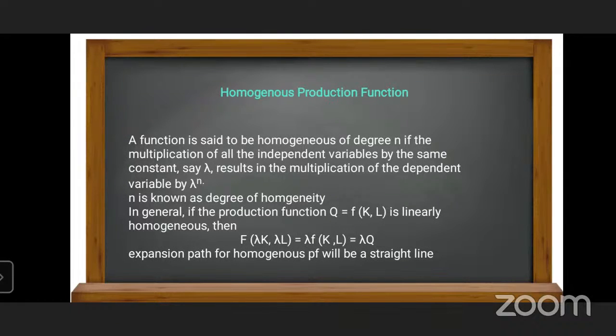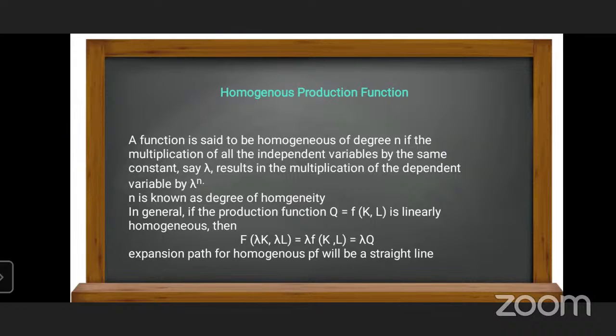Now if we are doubling inputs and output increases by 4 times, then we tell it is a homogeneous production function of degree 2, because 2 square is 4. When it comes to the definition, we should write like this: if the inputs or factors are multiplied by a constant called lambda, then the dependent variable, that is output, changes by lambda raised to n, where n is known as the degree of homogeneity.